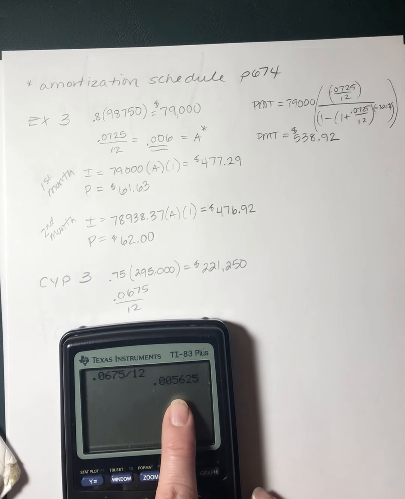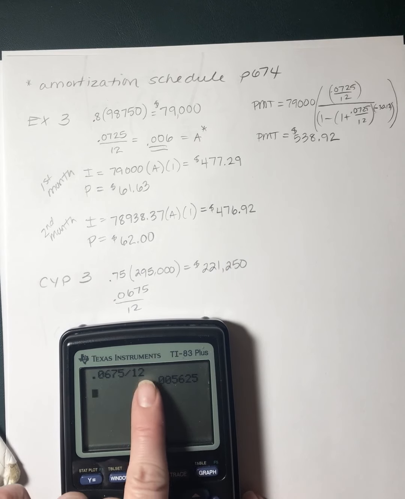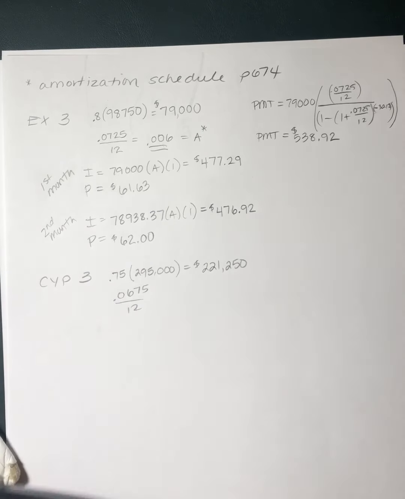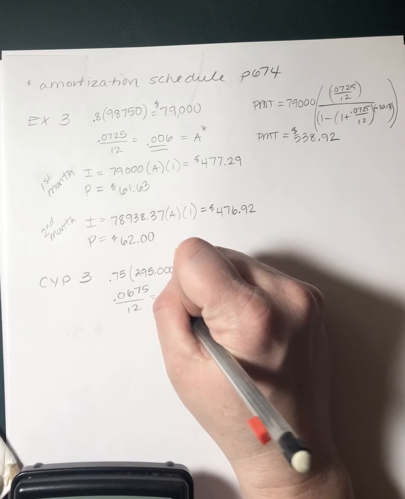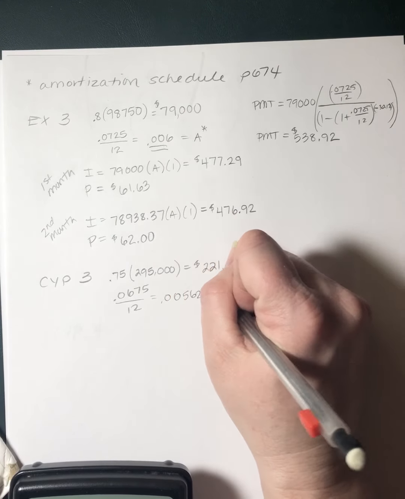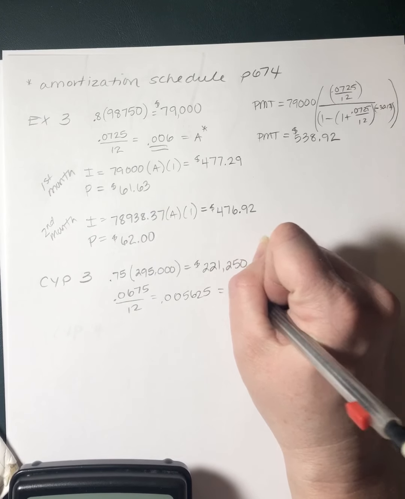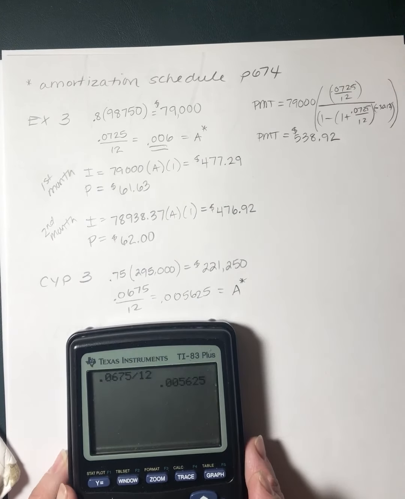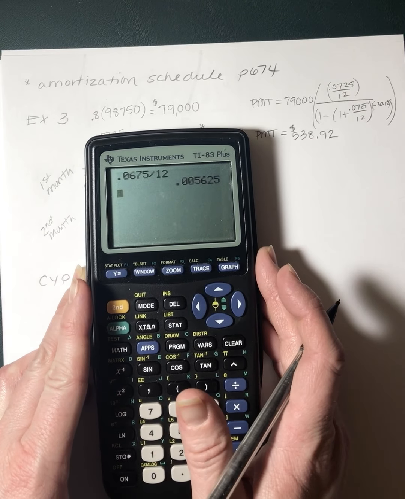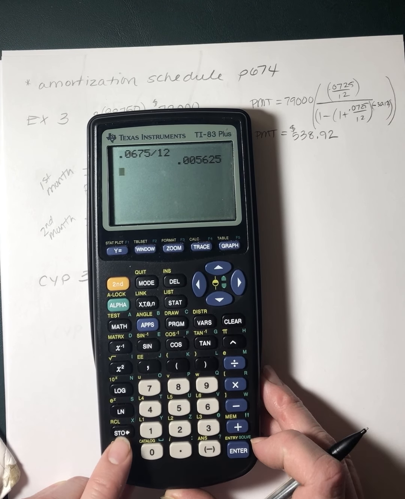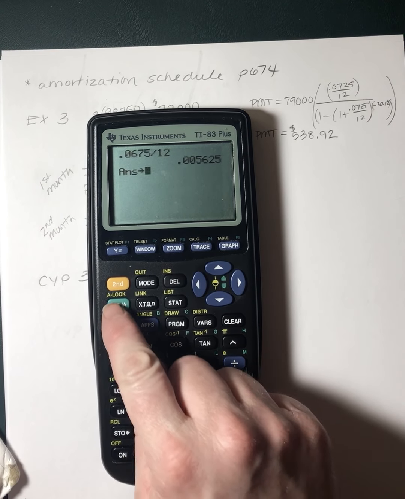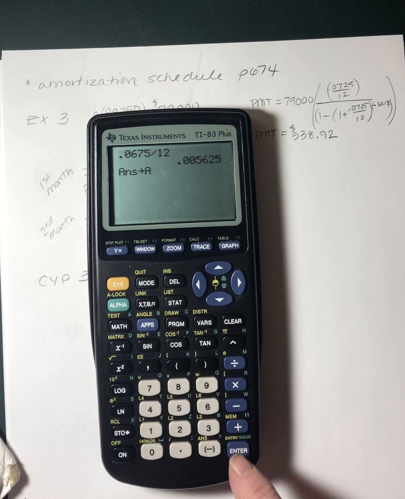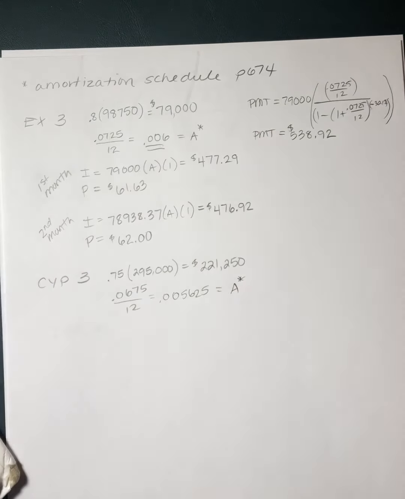Now I did get a nice answer, okay, but I don't want to type that in every time, so I'm going to do the same thing I did the last time. And I'm going to store that as A in the calculator. So again, down at the bottom, I hit store, and it brings up that little arrow, and then I hit the alpha key, and again, it doesn't matter what letter you use. I'm going to choose to use A. Now that's stored as A in my calculator.